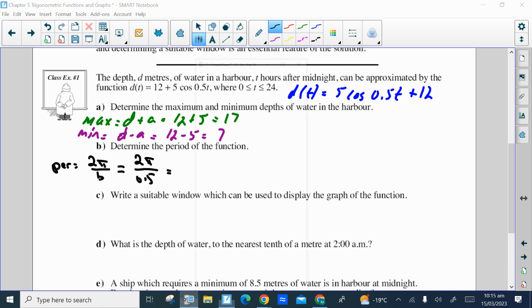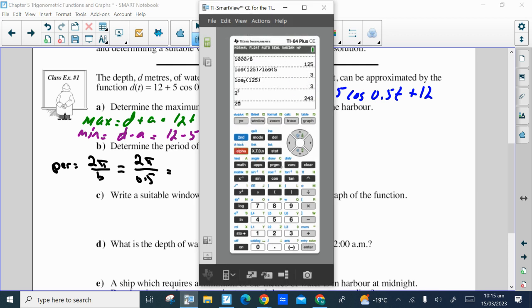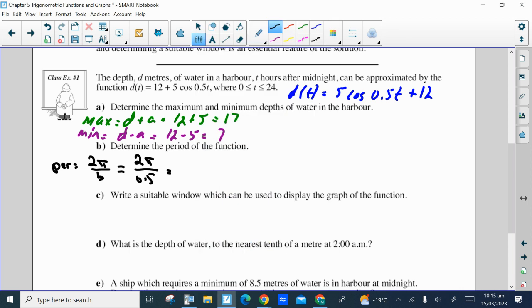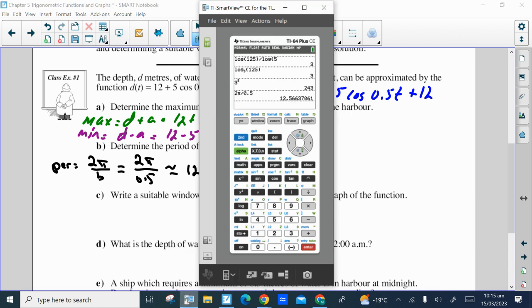So if we go 2 pi divided by 0.5, that gives us a period of approximately 12.57 hours.